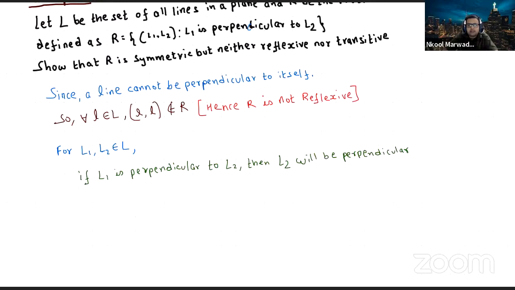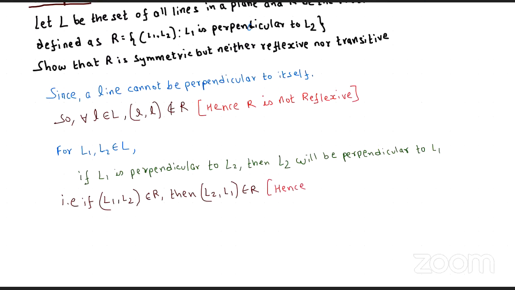So we can say that if L1 comma L2 belongs to R, then L2 comma L1 will belong to R, and hence R is symmetric.